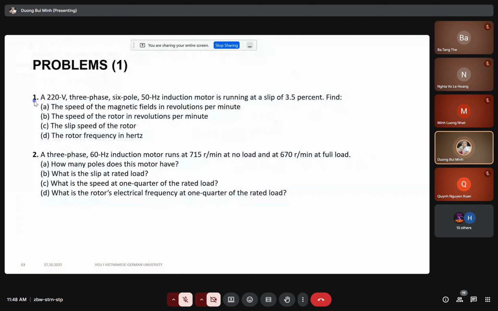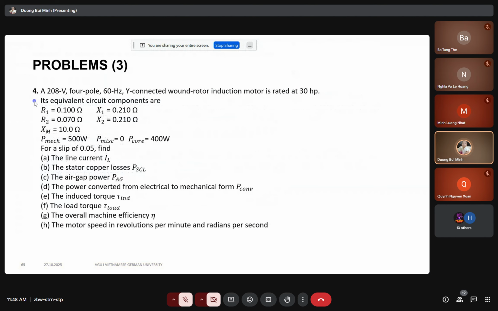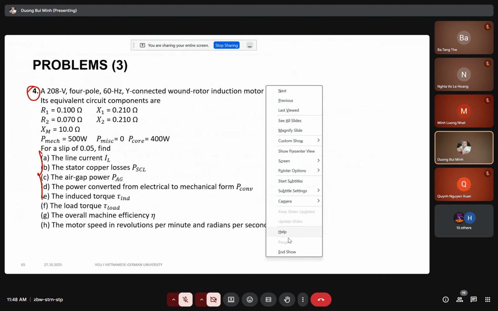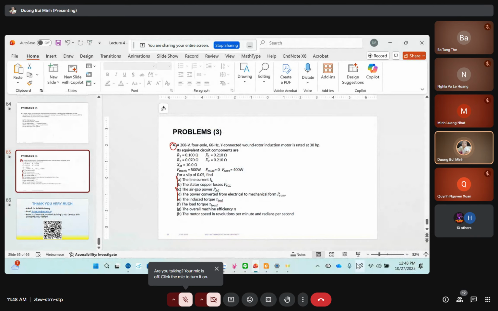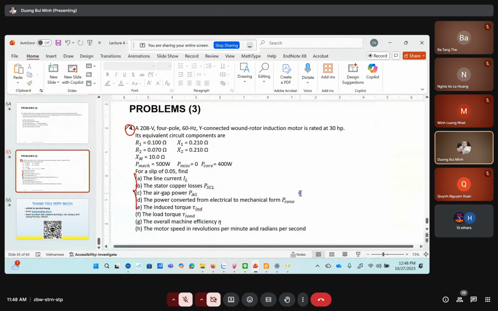Just some of them, not all, because we only have maybe 15 minutes left. Yes, we need to summarize.